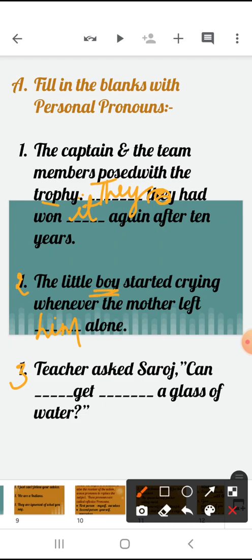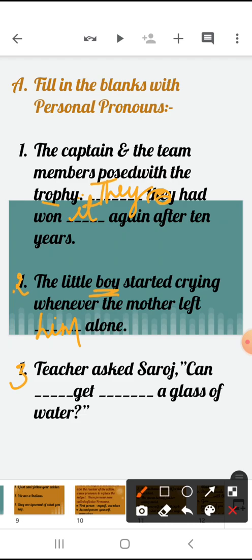Why him? Because we are talking about a boy. The little boy started crying whenever the mother left him alone.